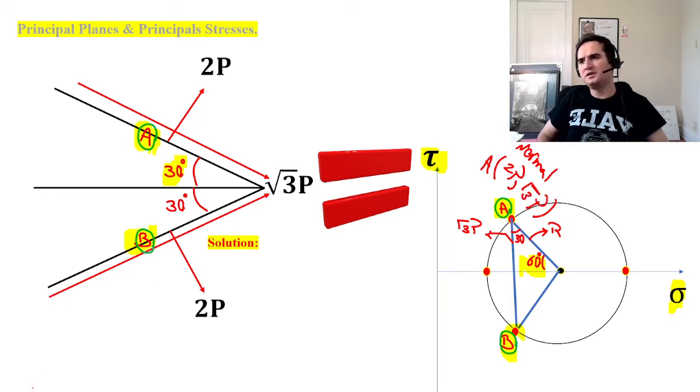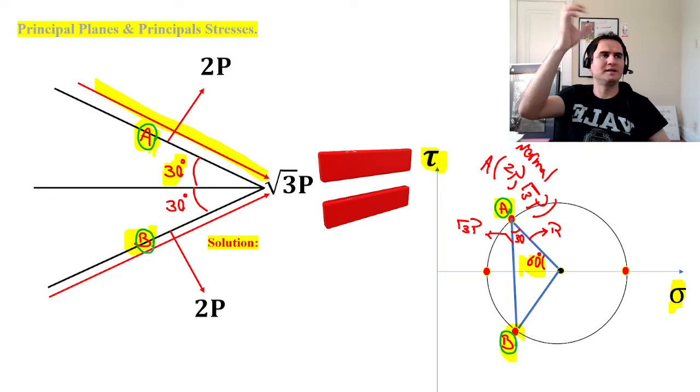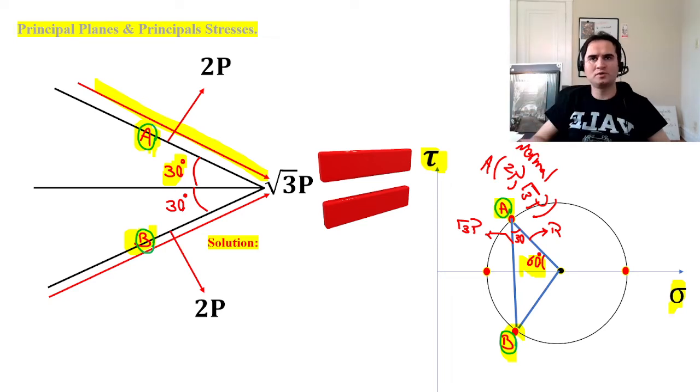Do you remember we talked about the direction: if a shear tends to rotate the element in a clockwise direction, the point goes at the top of the x-axis. So point A goes at the top of the x-axis by the amount of shear stress.